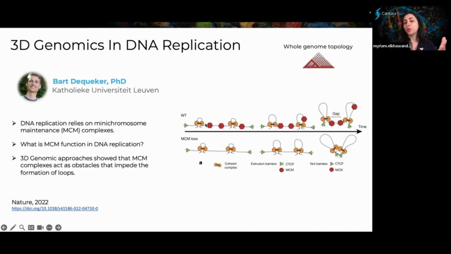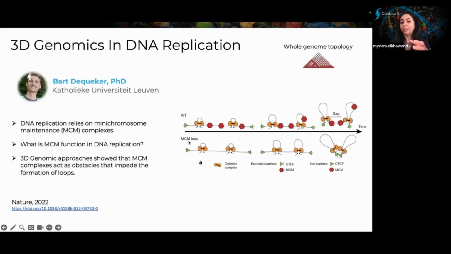And this loop extrusion, when it sees the MCM complexes that you see here in a red hexagon, is actually blocked. So upon encountering these MCM complexes, this loop extrusion is blocked. This is what you see in a wild type.